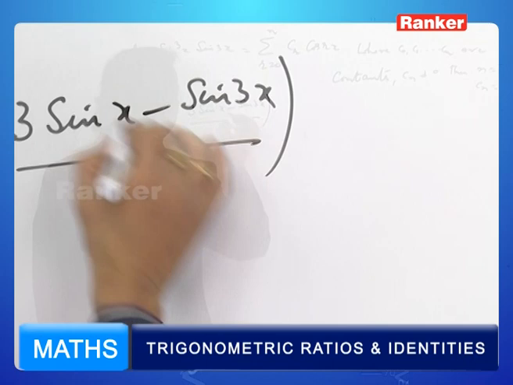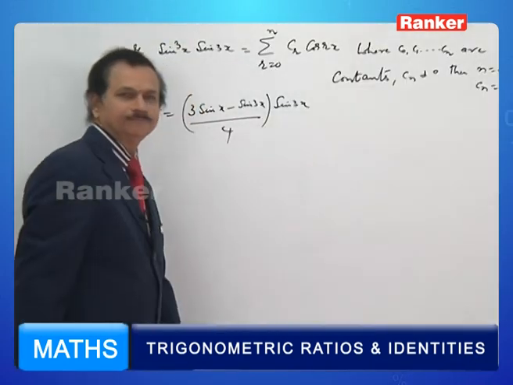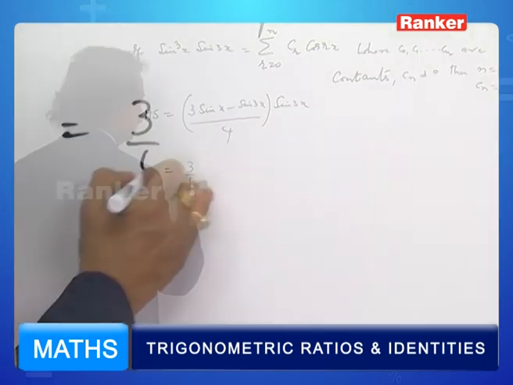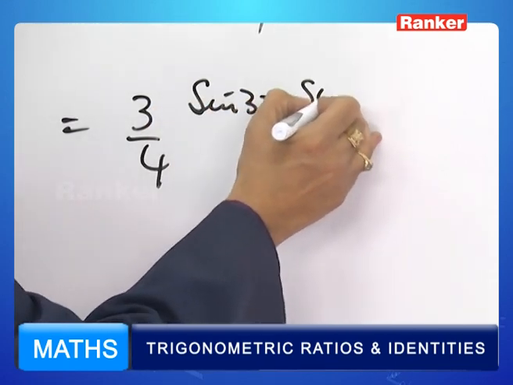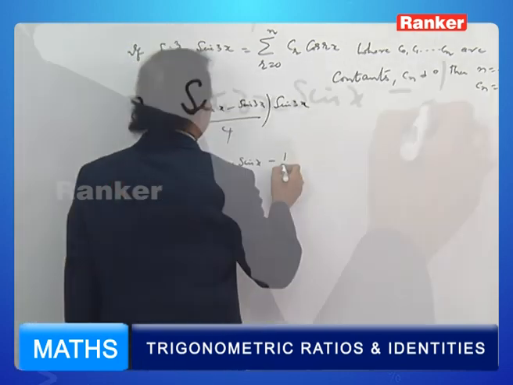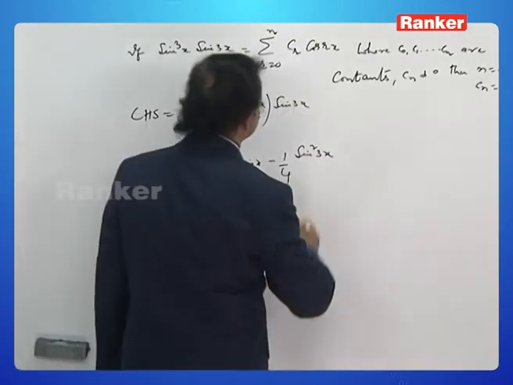And in the place of sin x, I write sin 3x only. So that this is 3 by 4 into sin 3x sin x minus 1 by 4 into sin square 3x.